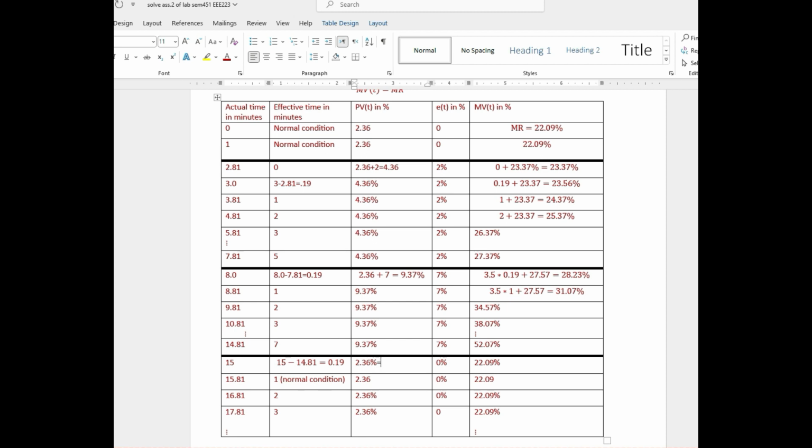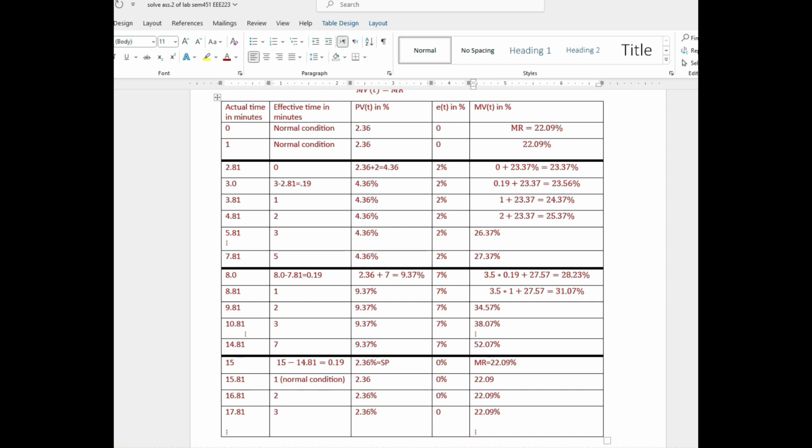See, so it is equal to the set point, like the first interval. Error is 0. Now my MV returns back to 20, which is here MR 22.09. Now continue until the end of whatever the time.